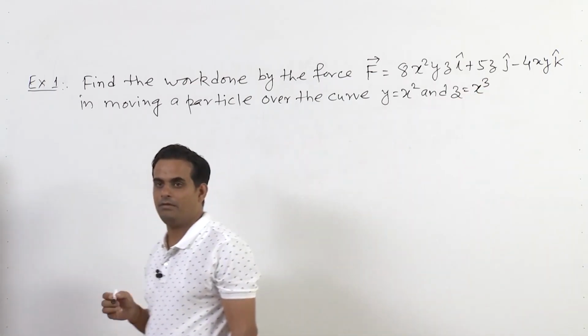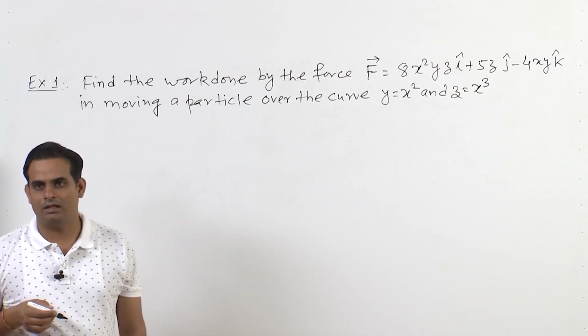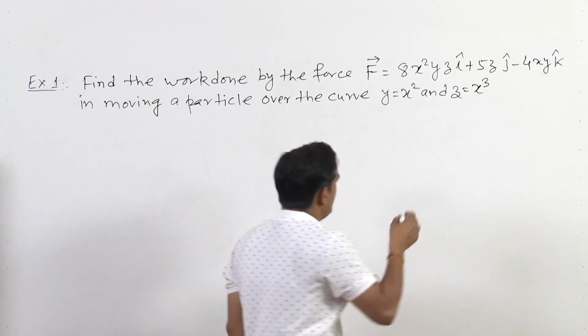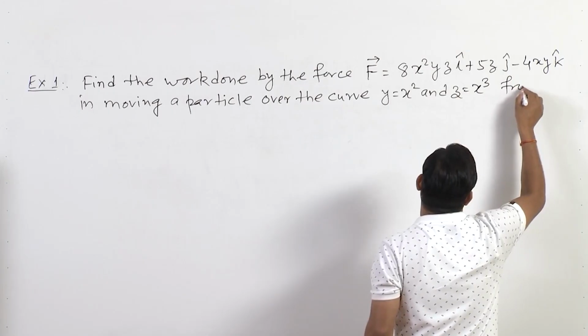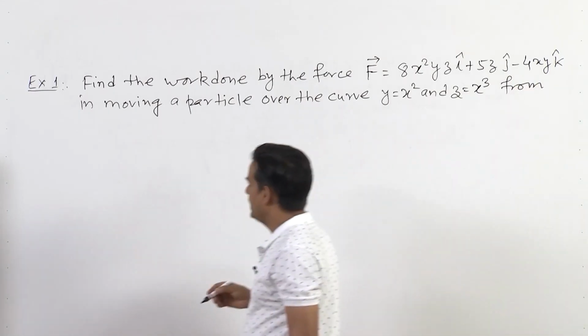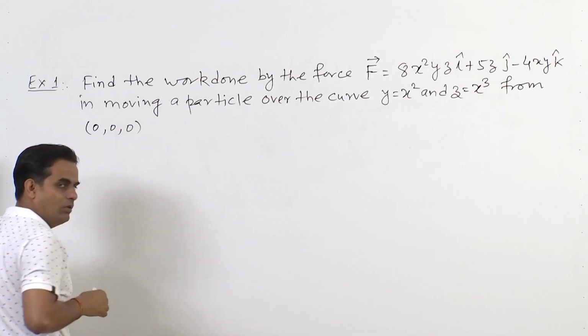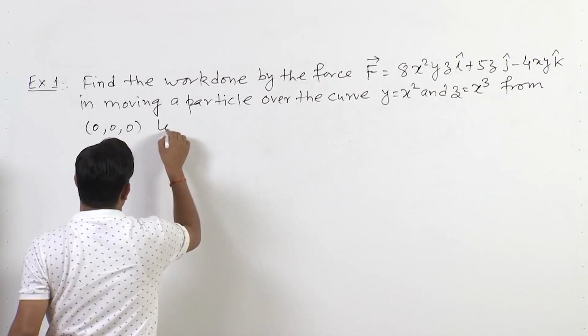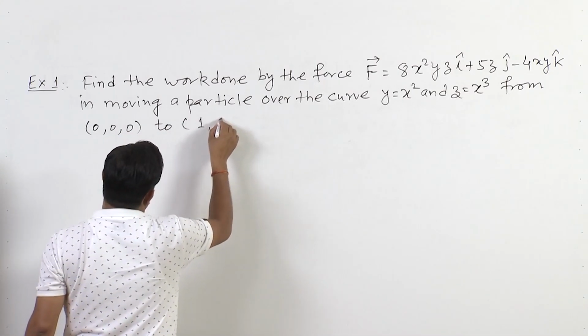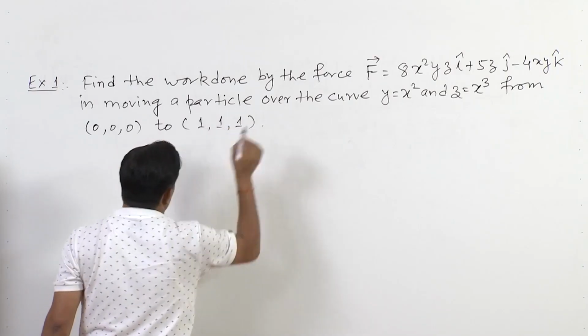So, this is the curve in 3-dimensional space. Let us define our points P and Q. So, let us take P as (0,0,0) and Q as (1,1,1).